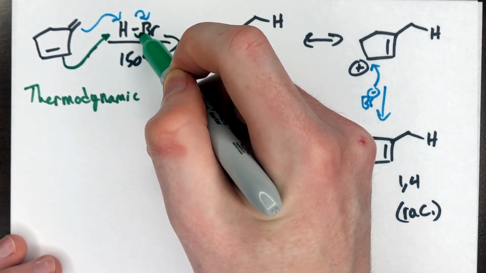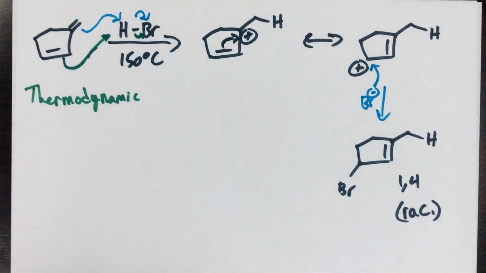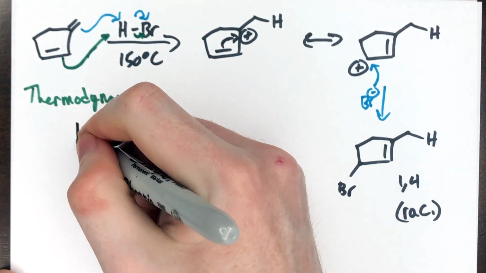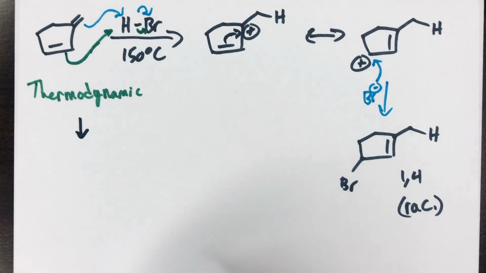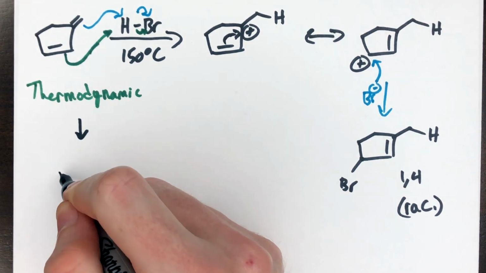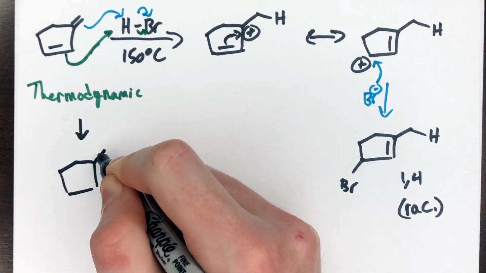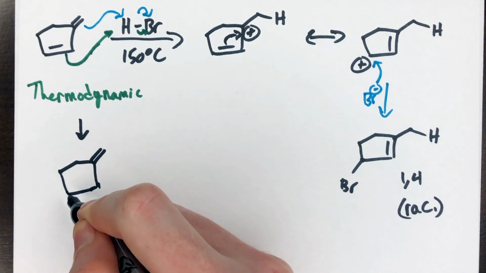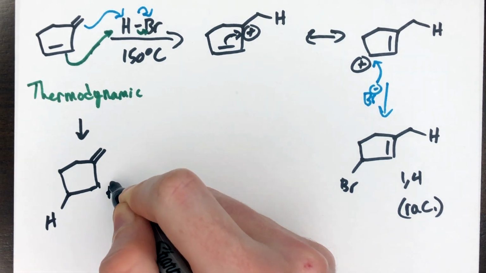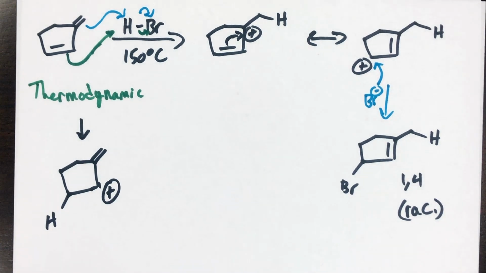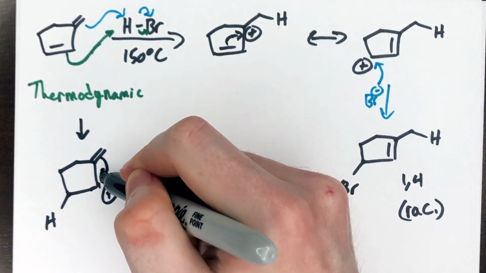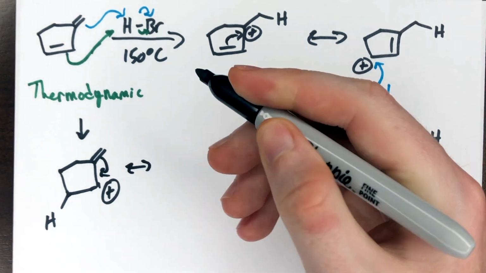So now let's consider the other double bond. I'm going to draw it down here. Right, so if this happens as drawn in green, you would get this intermediate here. Again, this carbocation is more stable because it's allylic, and then we'll get resonance like drawn.